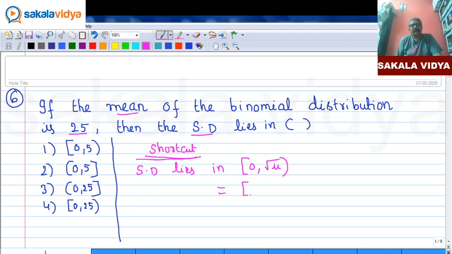So that means closed 0 comma root 25. This is open. So that means closed 0 comma 5. Just remember this one. So which is the right option? First option is the right option, not option 2.